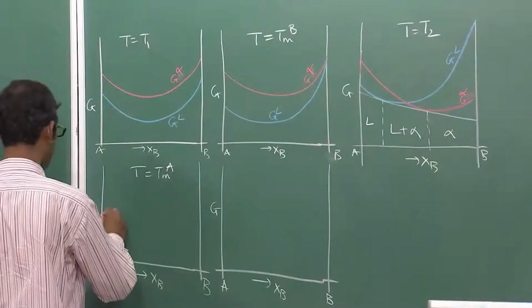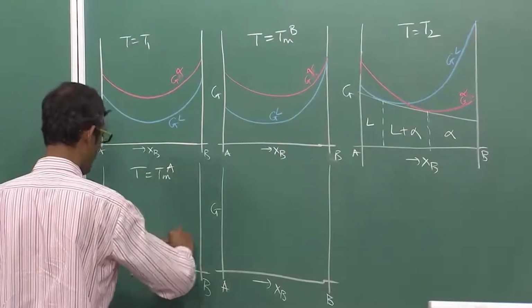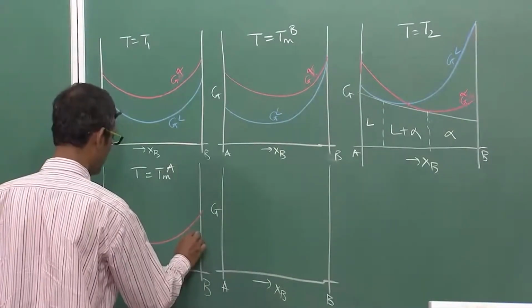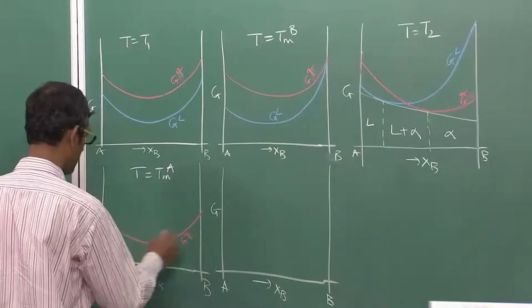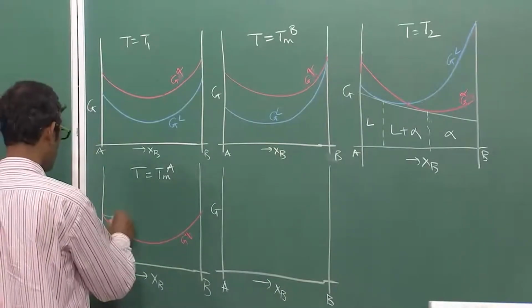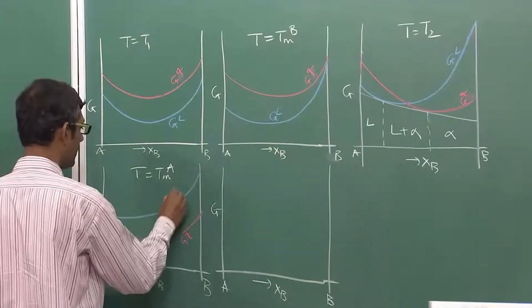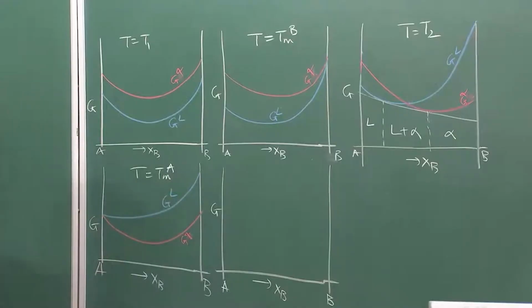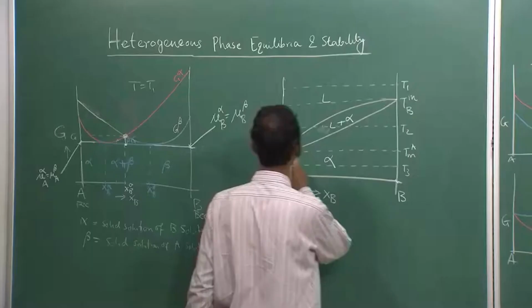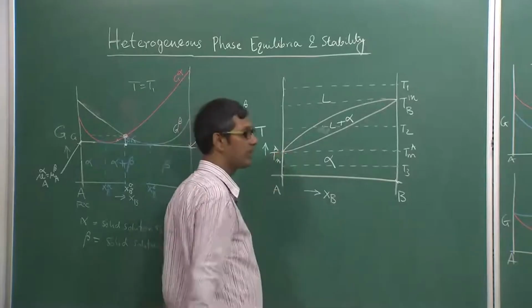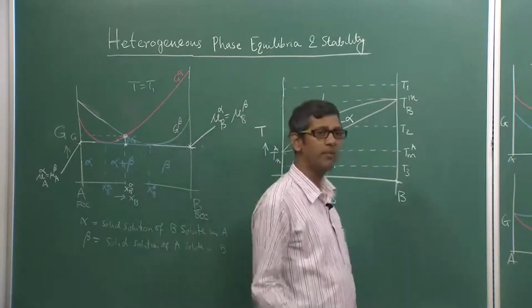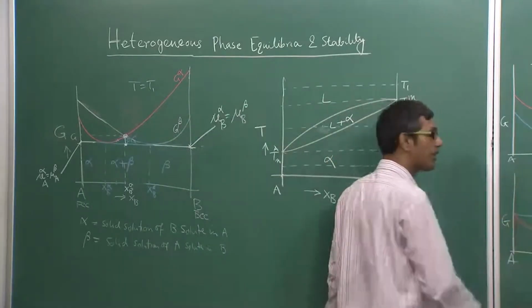So therefore alpha is stable, alpha will always be in lower position, and liquid will always be in higher position. Only at this point they are meeting, because at this point A these two are meeting, so that means both solid and liquid are stable. That means at the melting point of A both the solid and liquid will be stable.